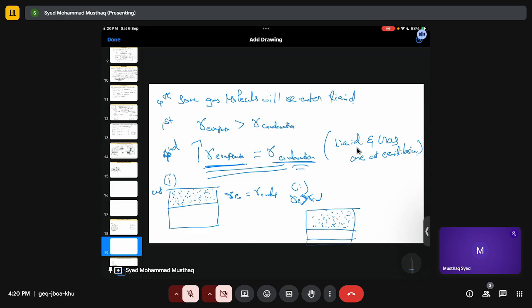Right, you will see the more and more liquid is evaporating. You will have more and more gas molecules. What if the rate of condensation is greater than the rate of evaporation? Then most of the gas molecules are being condensed.